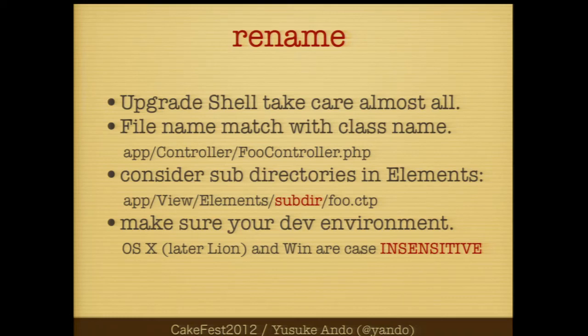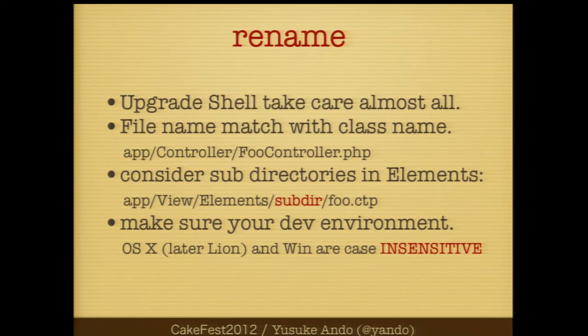Also, if you work on this renaming thing, you have to make sure what kind of file system you are using for your development. Like even OS 10, after Lion, the default file system is case insensitive.